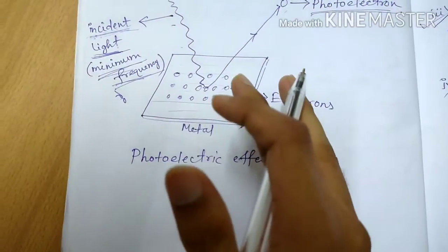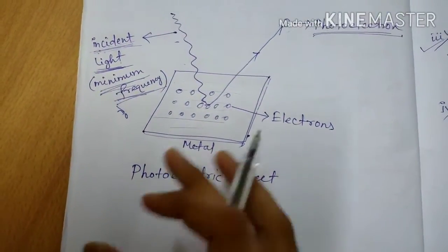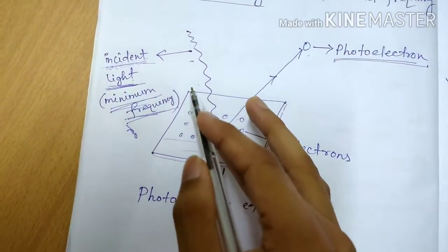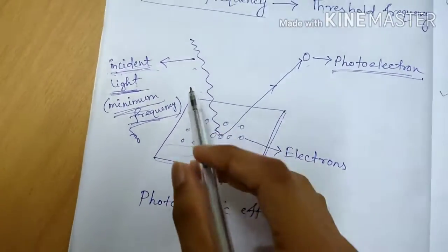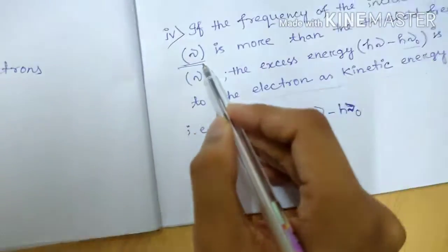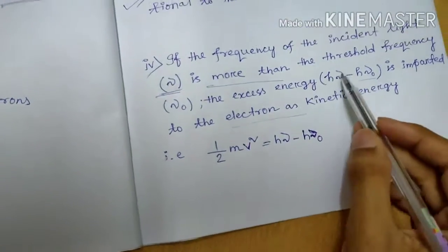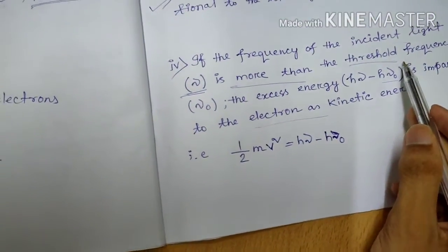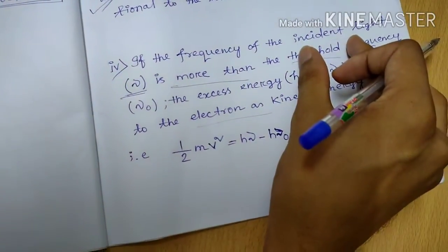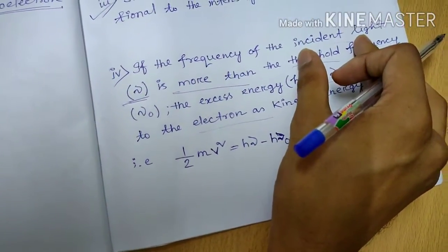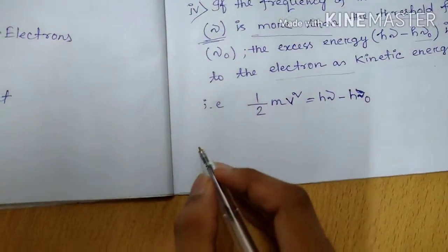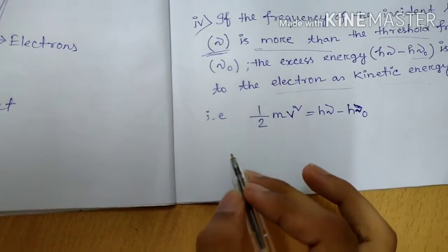now see how we shall calculate kinetic energy. First, you see we have applied an incident light of frequency nu, this one, which is more than threshold frequency or minimum frequency. So first in this case, for this incident light of frequency nu, the energy will be how much?